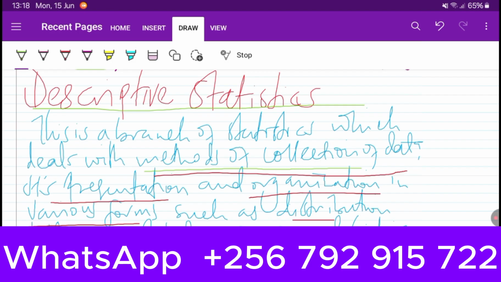It deals with the methods of collection of data, its presentation, and organization in various forms, and the forms in which we can organize or present our data, we can organize it in what we call distribution tables.